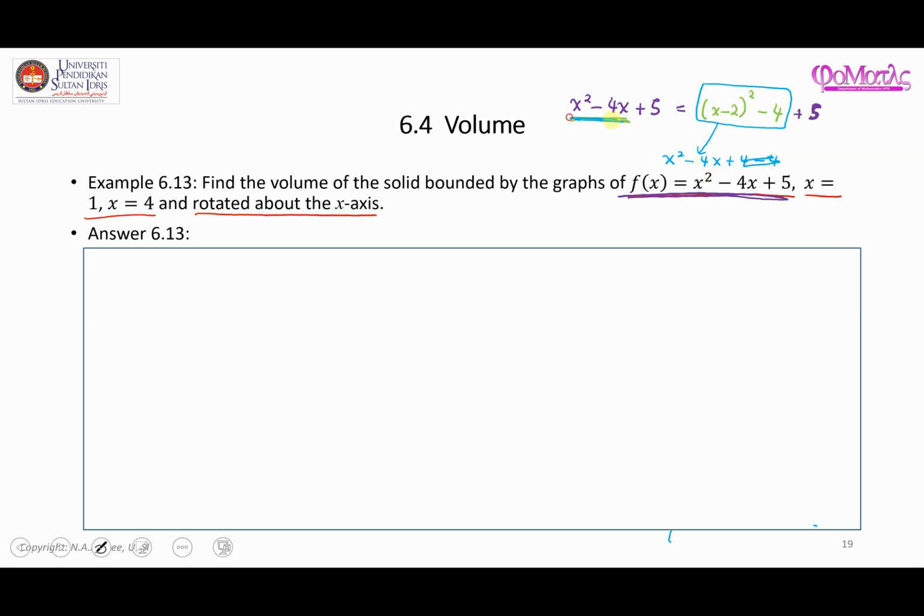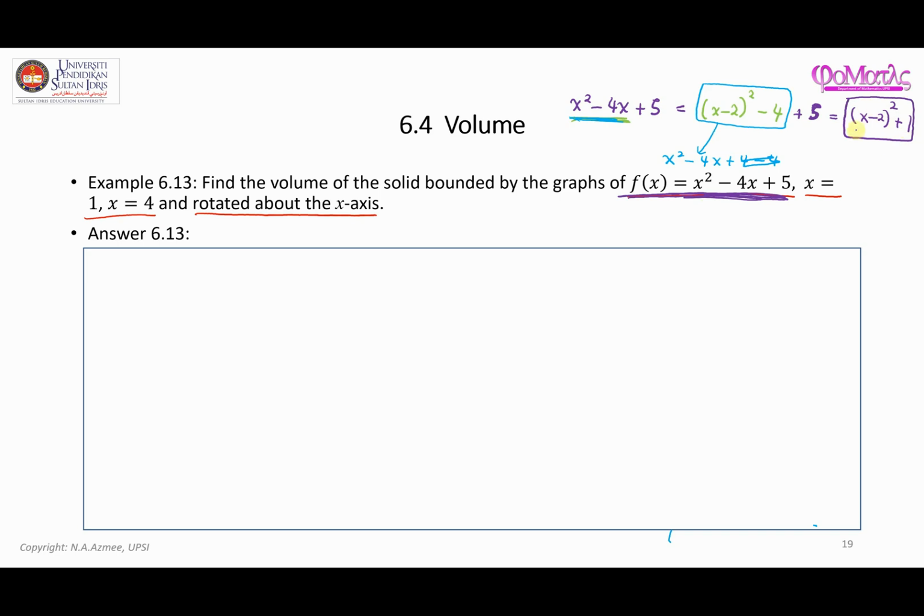So I'm just replacing this with something that looks like this. And later on we can simplify that, so that becomes (x minus 2) squared minus 4 plus 5, which is equal to (x minus 2) squared plus 1. Okay, so I'm going to take this version of f(x), and I'm going to sketch the region.